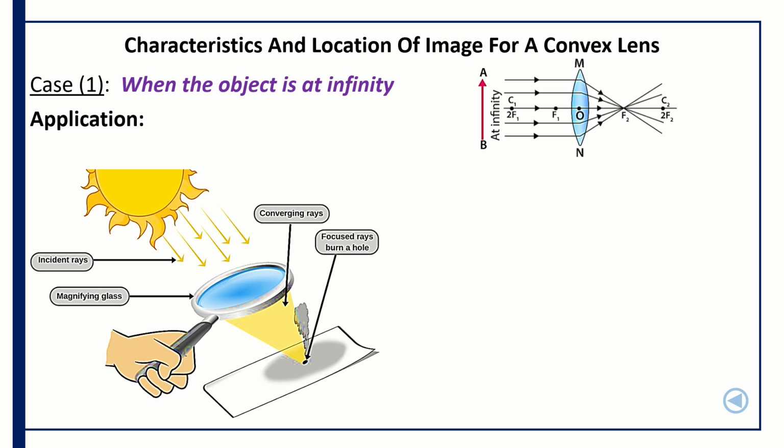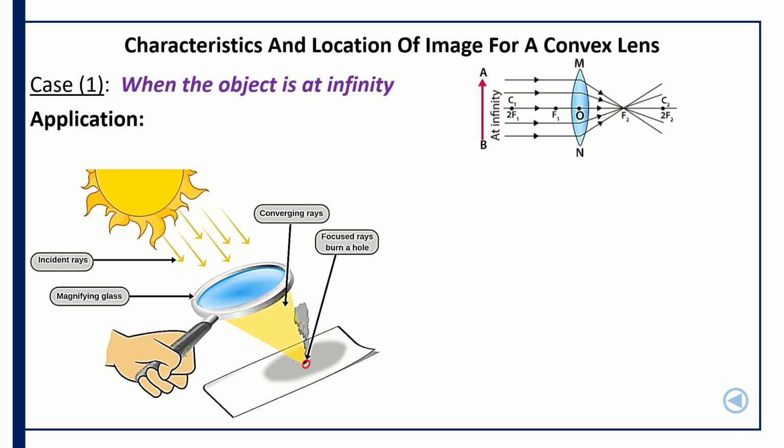If we place a paper at that point, the image of the sun is formed as a small point-sized image at that focal point, and the formed image is inverted. So it will converge all the parallel rays of the sun and place them at one single point, and if we keep it at the same position for some time, it will start burning.